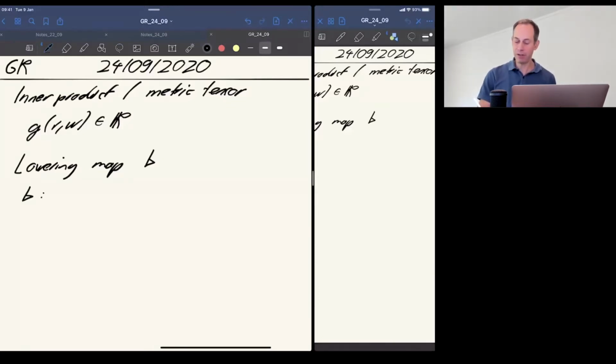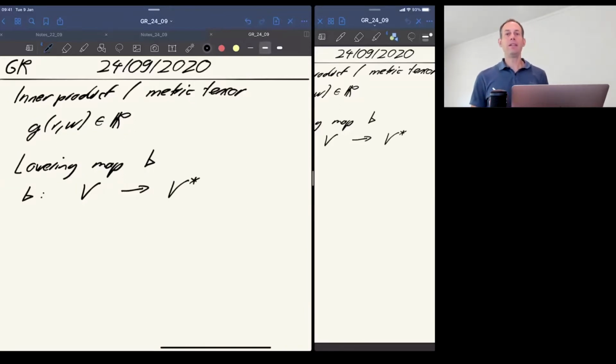And what the map does, it takes a vector and maps it to the space of covectors. So you can already see why it's called lowering, because remember that objects in the vector space, the vectors, if I write them in components, these components have indices upstairs.